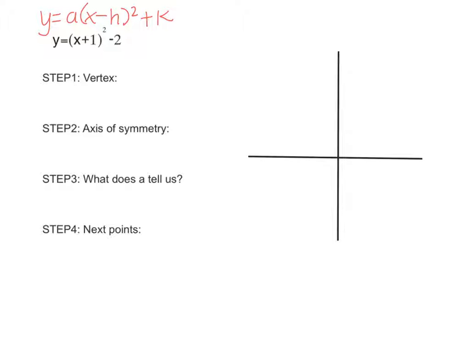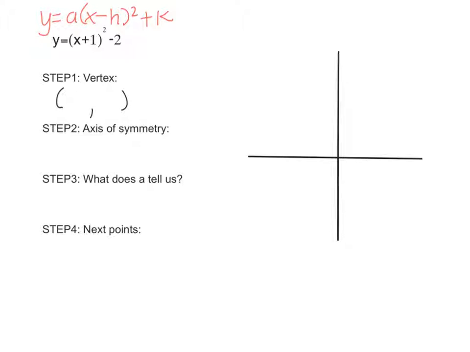So let's start with our vertex. Remember, our vertex is an ordered pair, and our ordered pair is h, k. Now we like to think of it as the opposite of h because we see this positive sign and we want the number to be positive, but our formula tells us it's supposed to be negative.